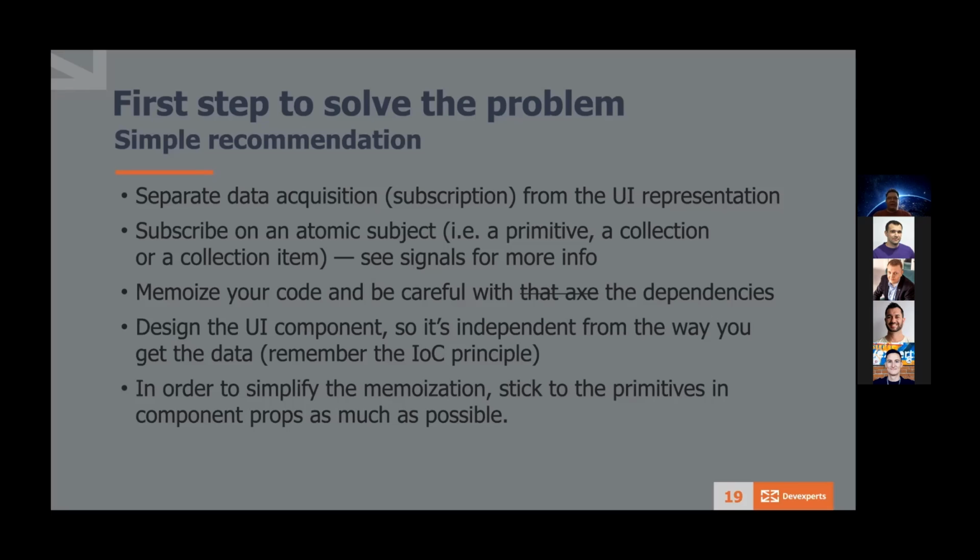And if you have objects, you will either check them completely because they can change references and not change the contents, or you're comparing just the references, and you will have re-renders even when it's not supposed to be rendered.